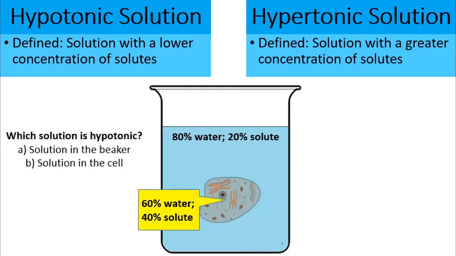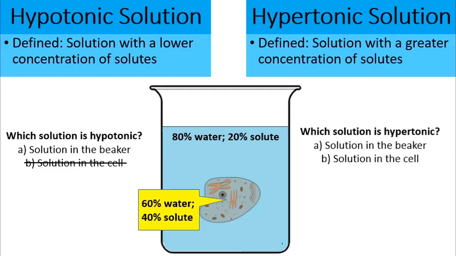Well, where is the hypotonic solution? You have two choices. Which solution is hypotonic? The definition of hypotonic is one with a lower concentration of solutes. Therefore, the solution in the beaker in this example is hypotonic because the 20% solute is a lower concentration than the 40% solute in the cell.